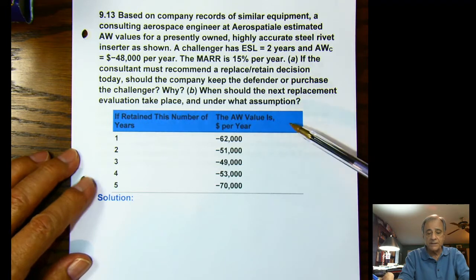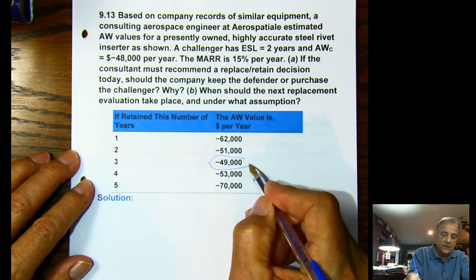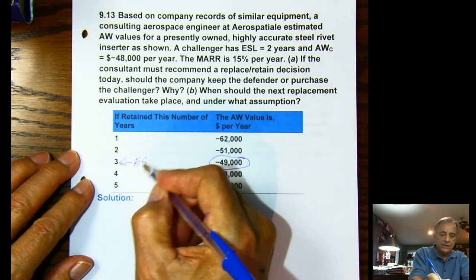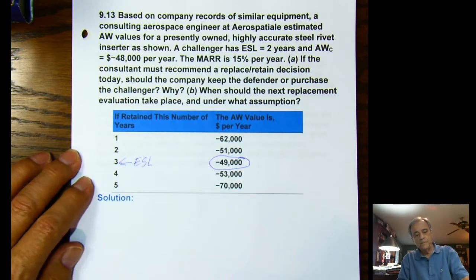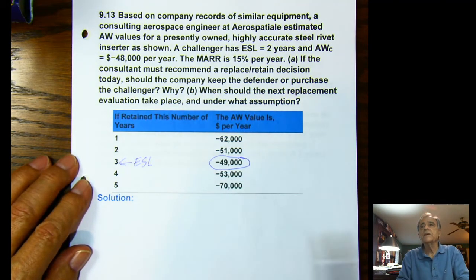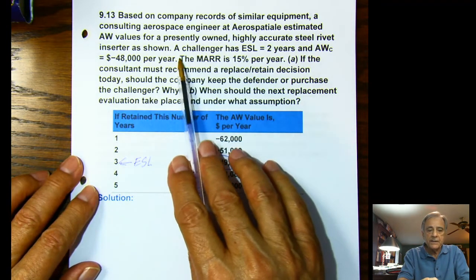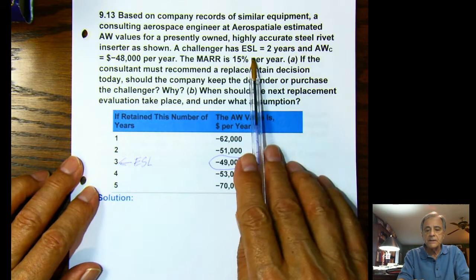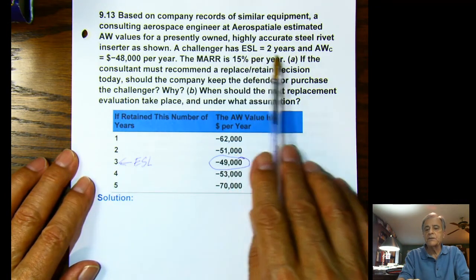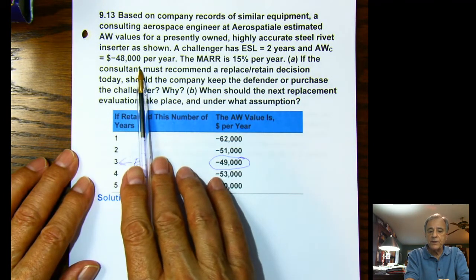So which is the best? Well, obviously, this is the best. This would be the economic service life. Is 3 years, and the annual worth would be minus $49,000. Now, the author then says the Challenger has an economic service life of 2 years and an annual worth of minus 48,000.